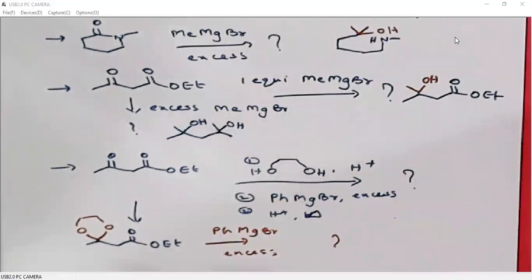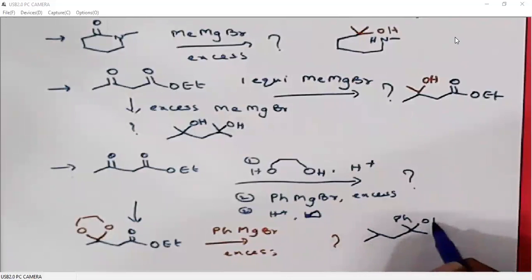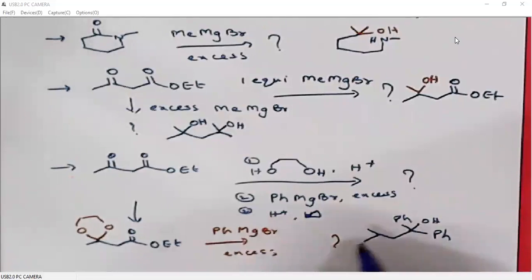Now, in the next problem, when excess amount of Grignard reagent is added to the ester, as I said here, we will get a tertiary alcohol like that. It is phenyl Grignard.